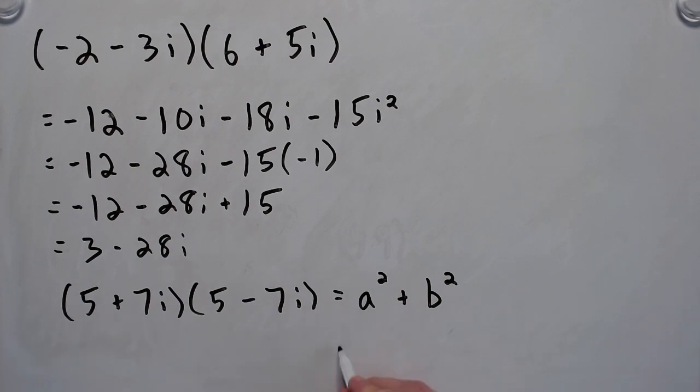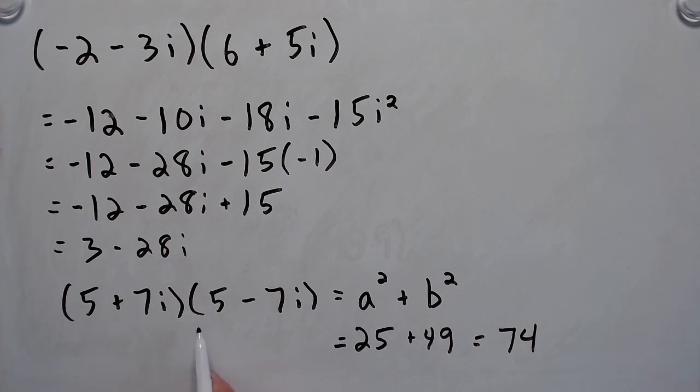So a squared would be 25. b squared is 49. If we add those together, we get 74. So we took a complex number, multiplied it by another complex number, which happens to be its conjugate, but at the end of the day, you end up with a real number.